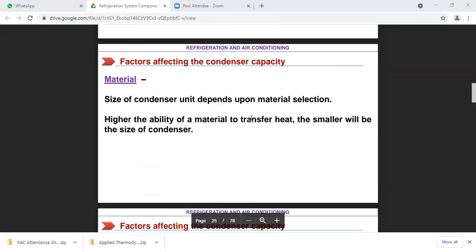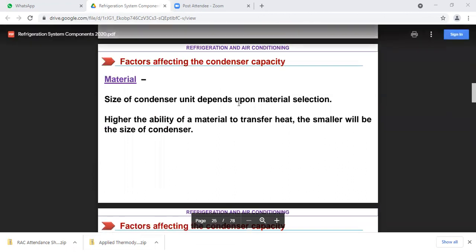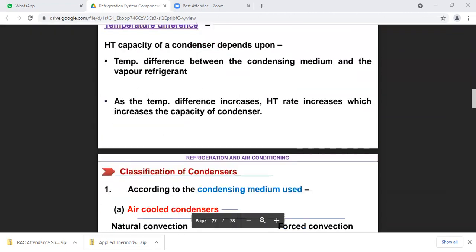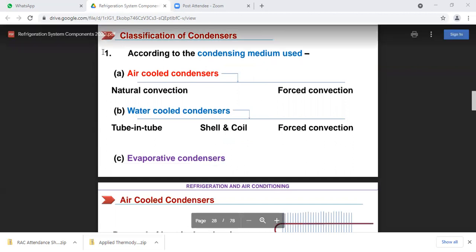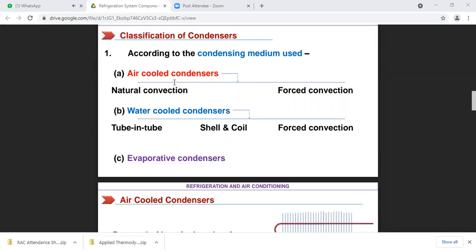We have discussed these three points. Next, we are going to discuss the classification of the condenser. According to the media used, if we are using air media, there are two types of condenser: natural convection and forced convection.